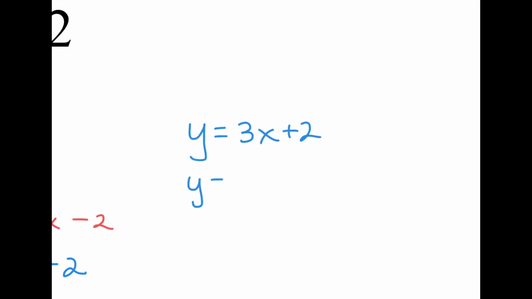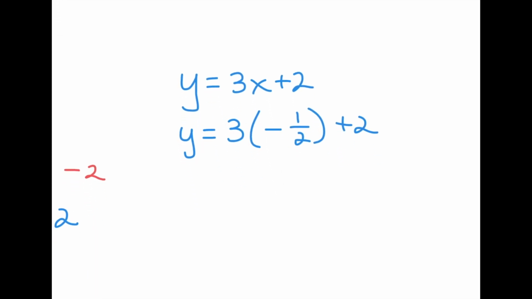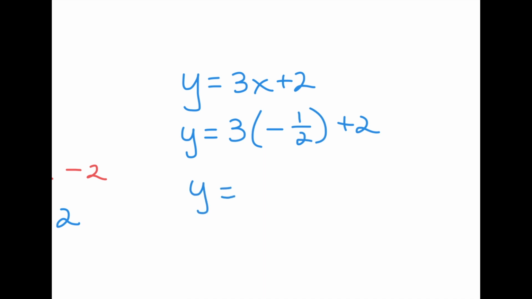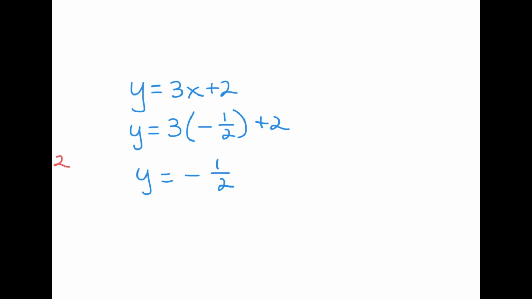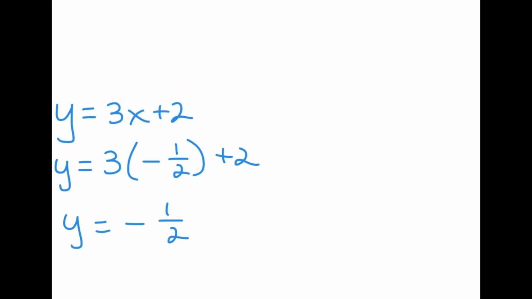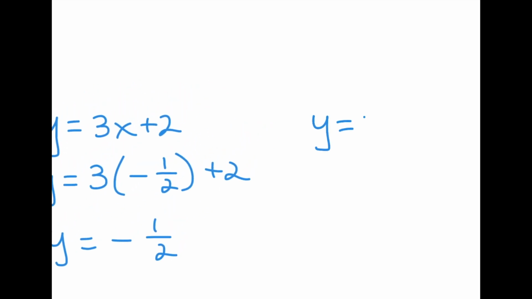And I'm going to substitute the negative 1/2. Type that into Desmos. You should get y equals negative 1/2 as well. And then for the other one, substitute in your other x value that you got, which is 2.